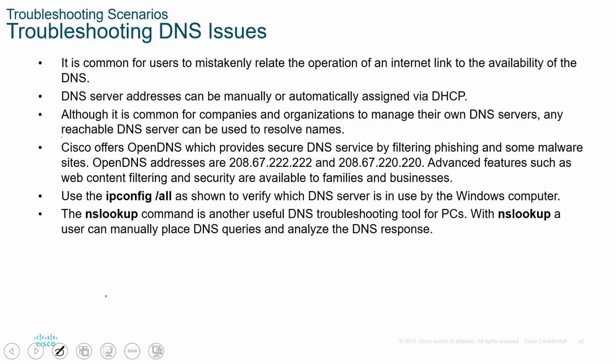The OpenDNS addresses you can use are 208.67.222.222 or 208.67.220.220. Advanced features such as web content filtering and security are available to families and businesses. Use ipconfig /all to verify your DNS.